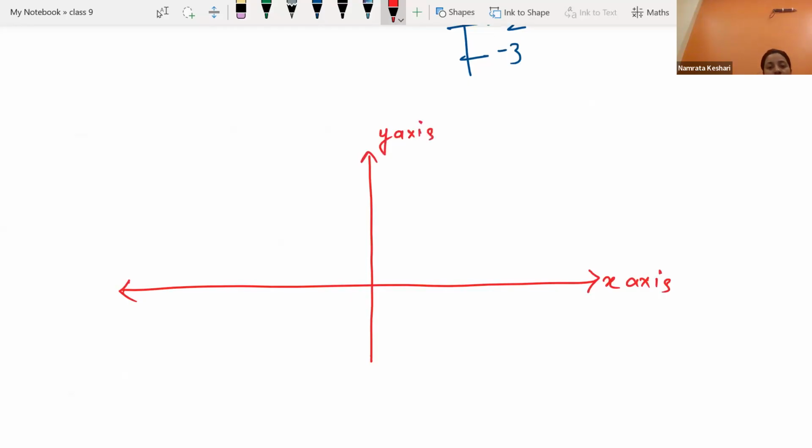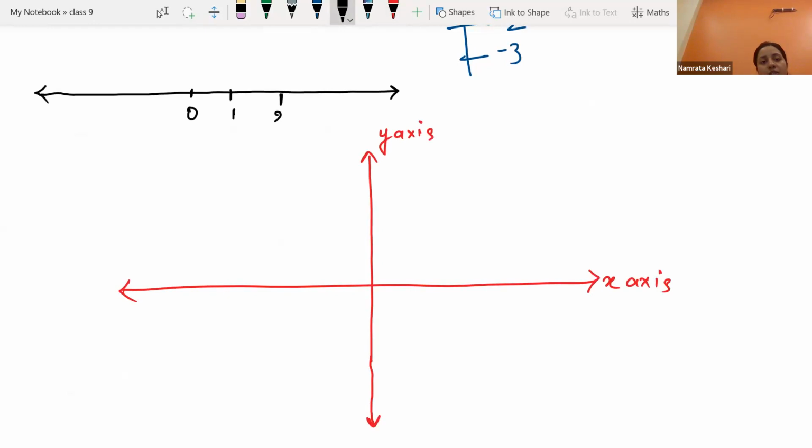Okay. Now, when you have just a line with integers, that is +1, +2, +3, -1, -2, then if I ask where is point B, you will say point B is here.